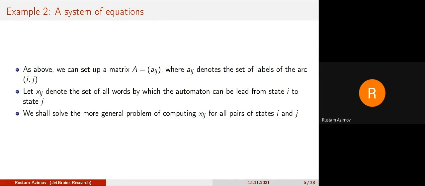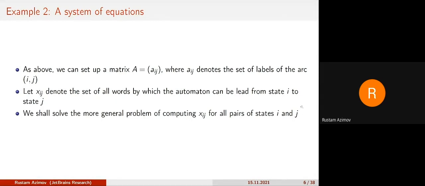And here we want to compute again the matrix X, but for example, we can solve the more general problem and compute such elements for all of the matrix X, and thus we solve this problem for all pairs of states i and j.